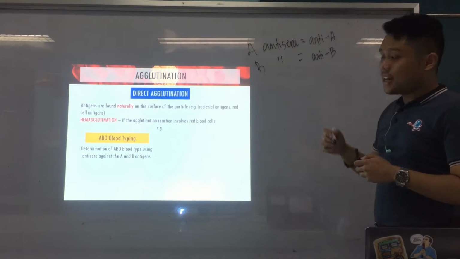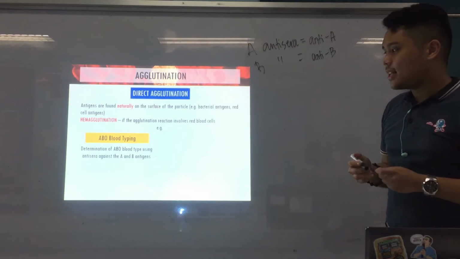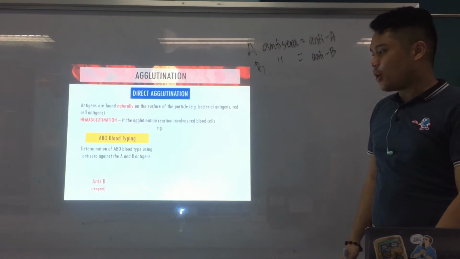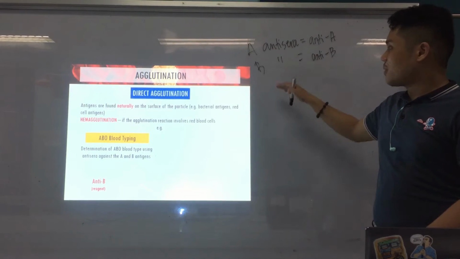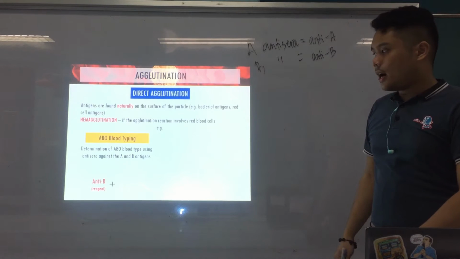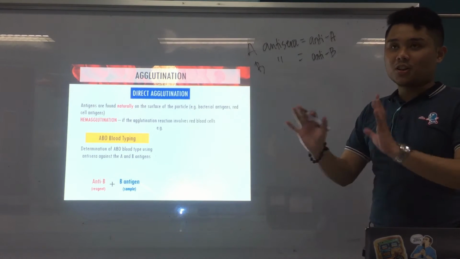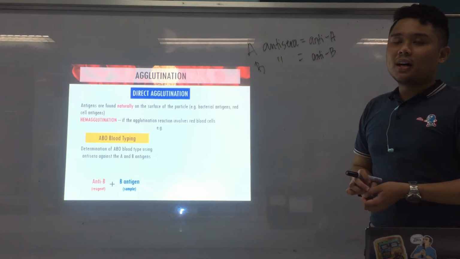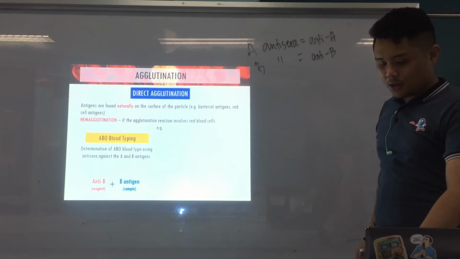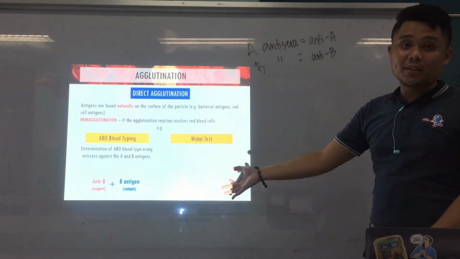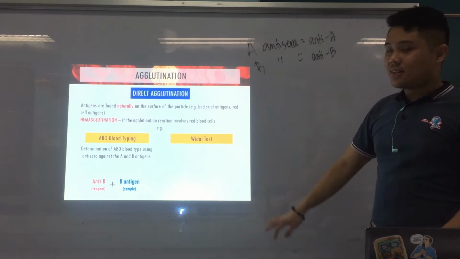So the anti-sera contain antibodies. Here's an example: your anti-B reagent, or B anti-sera, plus the B antigen, because they're specific, results in agglutination.